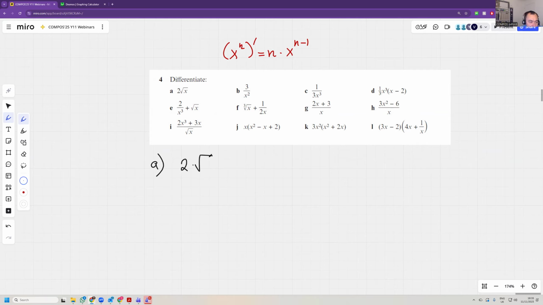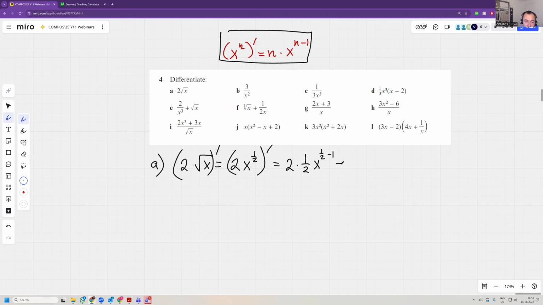2 multiplied by square root of x is 2x^(1/2). If we differentiate that, that's equal to 2 multiplied by 1/2 multiplied by x to the power 1/2 minus 1, which is just 1 multiplied by x to the power minus 1/2, which is 1 over x^(1/2), which is 1 over root x.